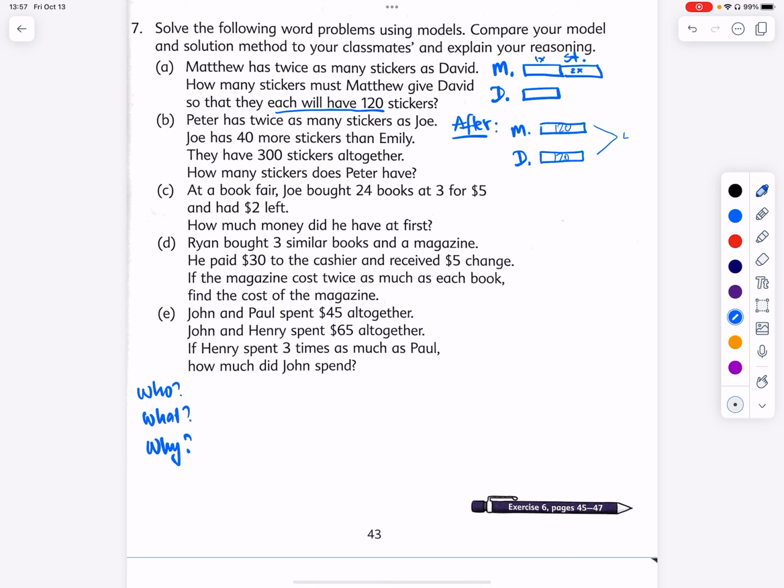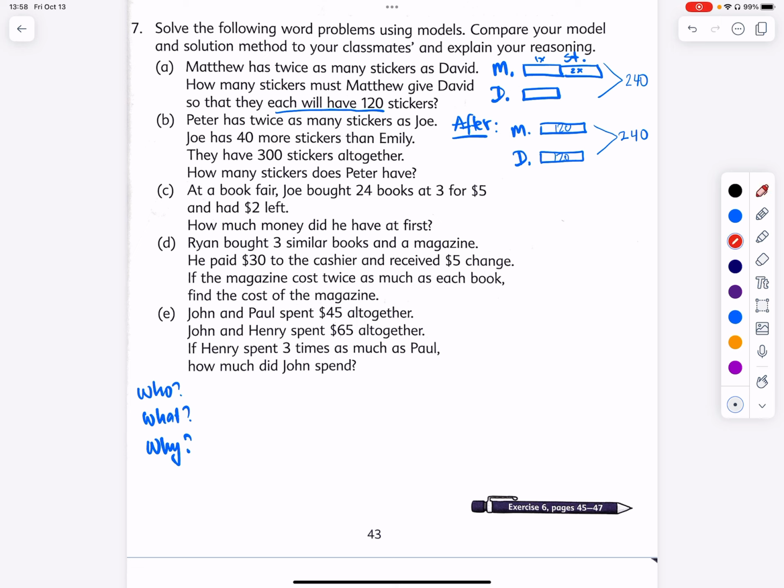We will have 240 stickers after, and because nothing has changed to the total number of stickers, that means we had 240 stickers before the exchange took place. Now the problem looks much simpler. We now understand that before, Matthew and David had 240 stickers altogether.